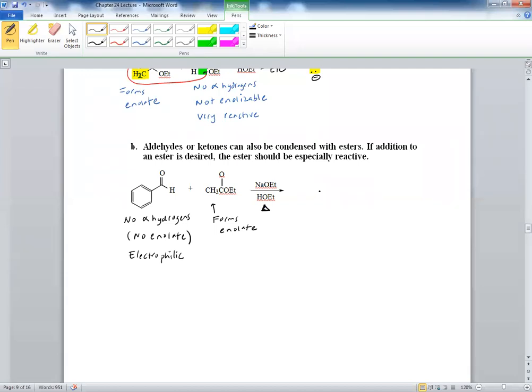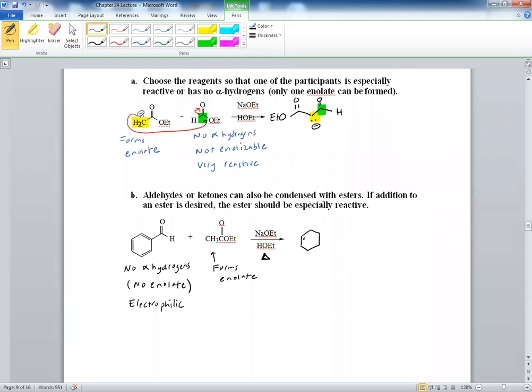Let's begin. Just mark your yellow here. This is where the enolate is going to form, alpha. This is where it's going to attack.